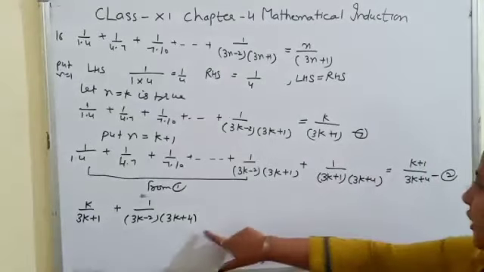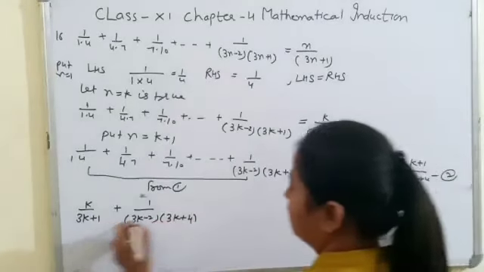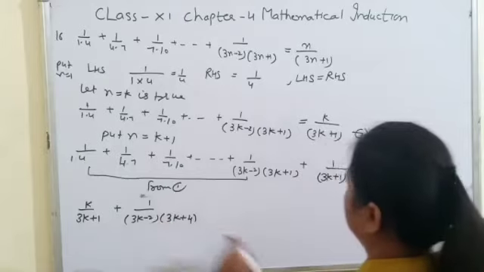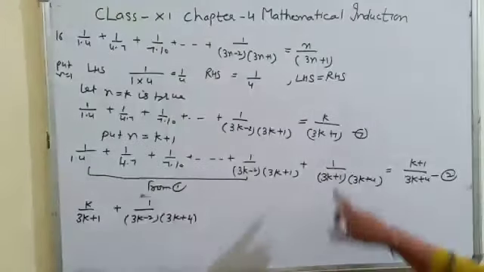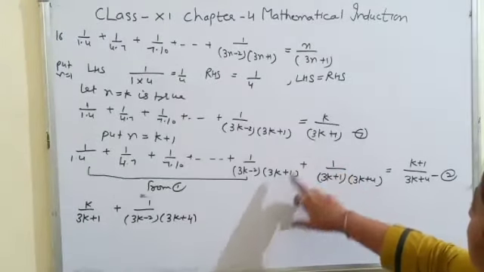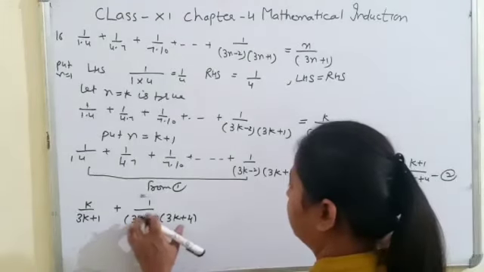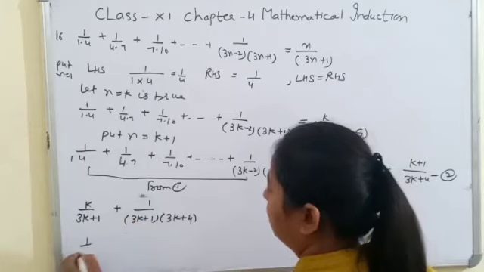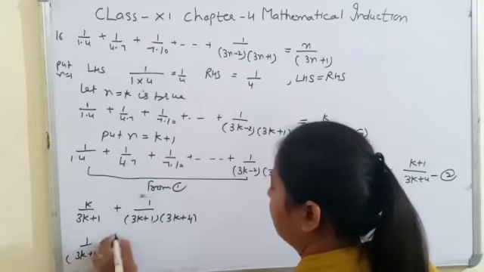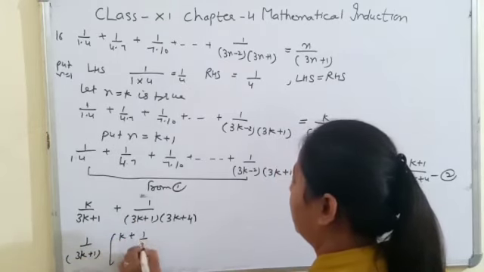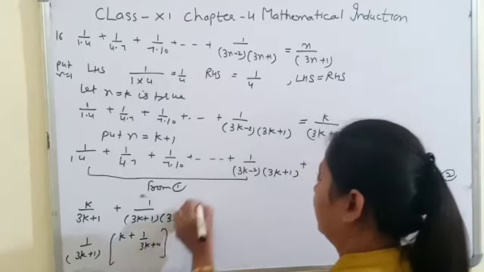From the first, plus 1 upon (3k plus 1)(3k plus 4). Now we can take 1 upon (3k plus 1) common. What is left: k plus 1 upon (3k plus 4).